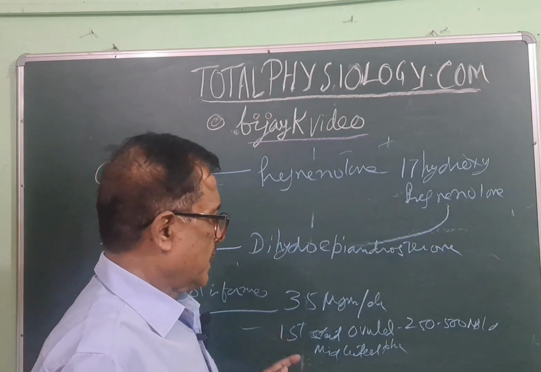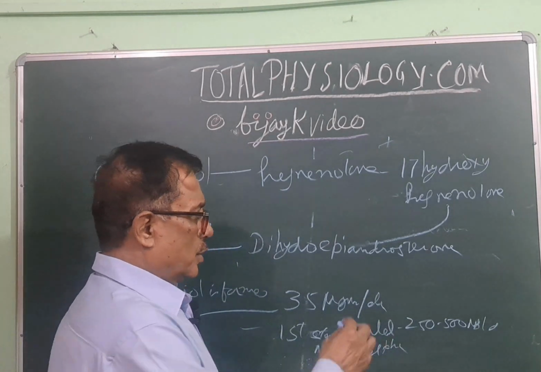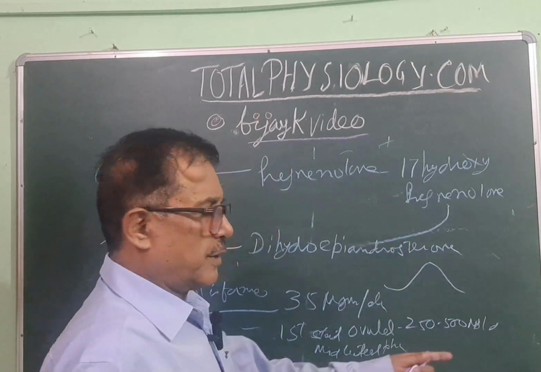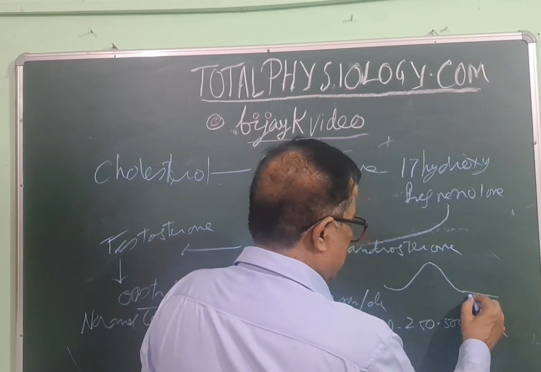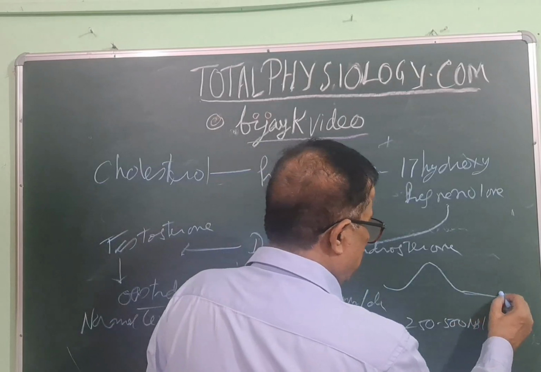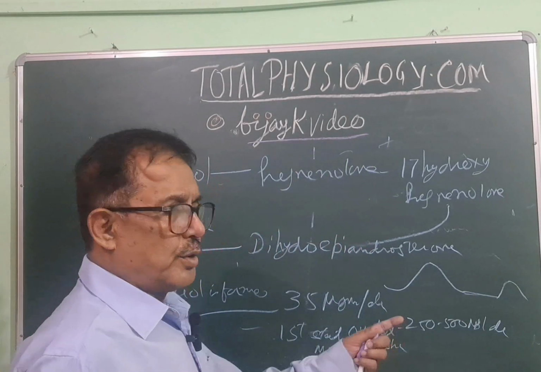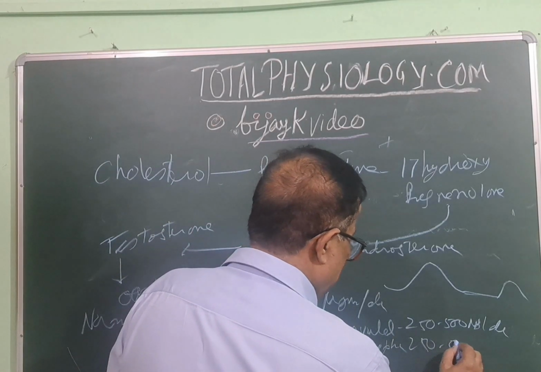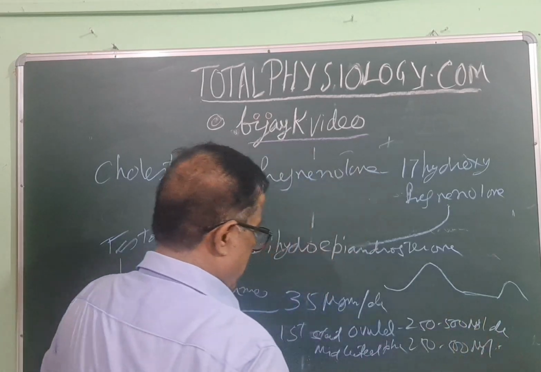Two peaks occur. First, just before ovulation, it goes to 250 to 500 microgram per day, and then in mid-luteal phase it again rises to 250 to 500 microgram per day.